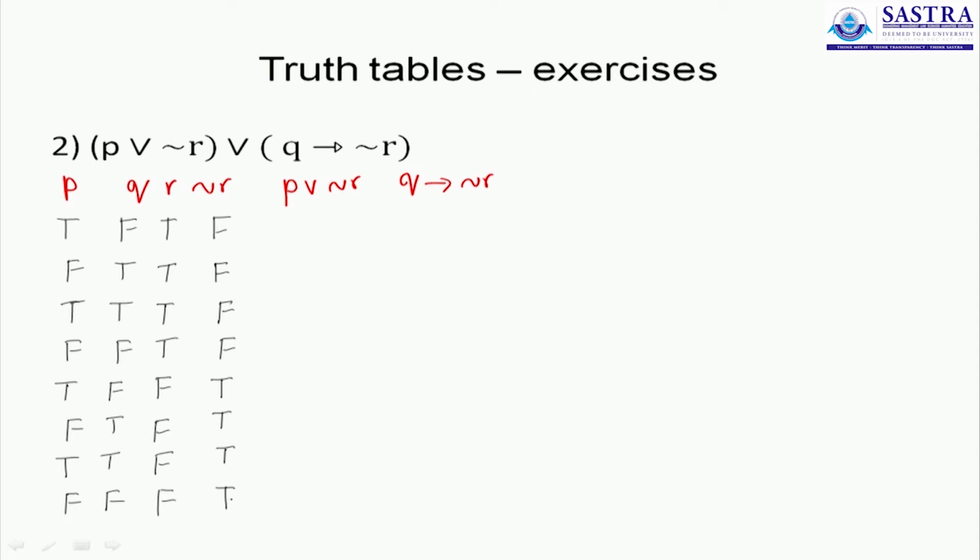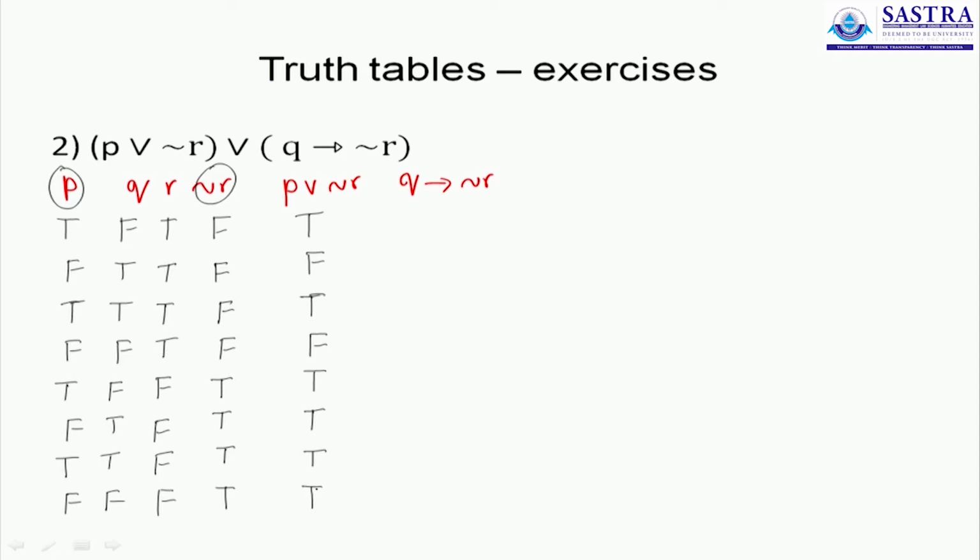Now let's do a disjunction between column 1 and column 4. Column 1 is for the statement P, column 4 is for the negated version of R. True or false will give us true, false again, true, false, true, true, true and true.